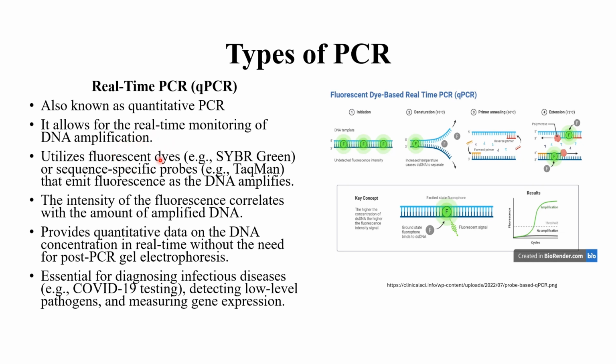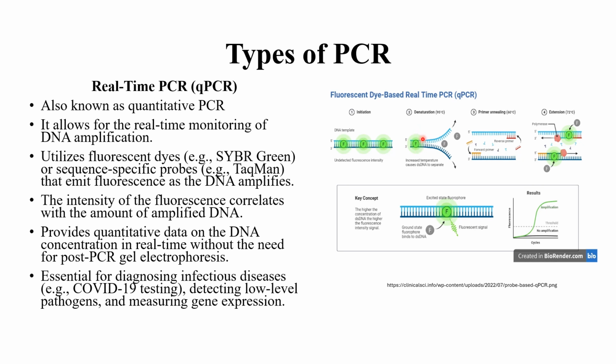It uses fluorescent dyes such as SYBR green that are able to bind to the double-stranded DNA. For example, at the beginning, if we have only one copy of the double-stranded DNA, the fluorescent dyes will bind to it and will produce fluorescence. Okay, so in the sample, we are going to add some of this fluorescent dye, and the fluorescence that will be produced will be dependent on how much of the target DNA is present.